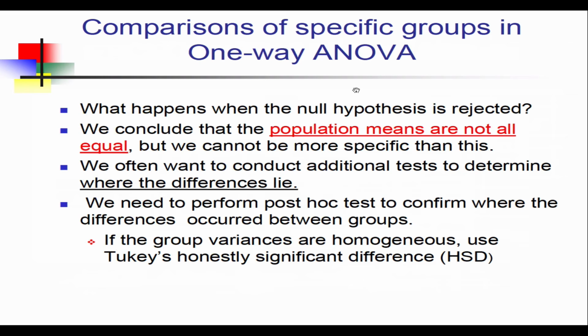So if you go to the wiki and search for the post hoc test, there are a number of different post hoc tests. For this one-way ANOVA, I suggest you use the Tukey honestly significant difference test, the HSD post hoc test. By implementing this procedure, it's going to tell you which specific group is different from the others.